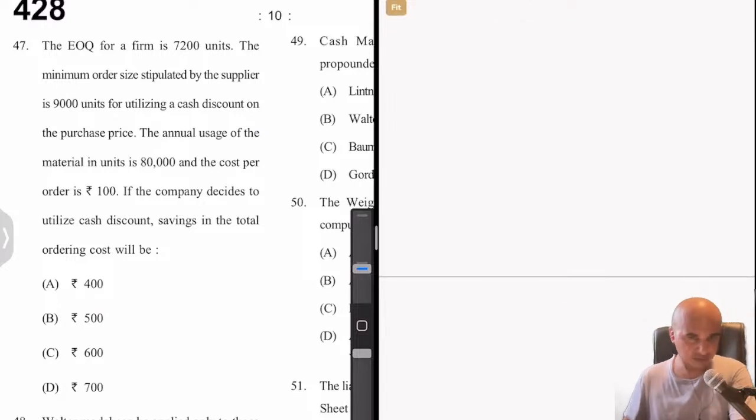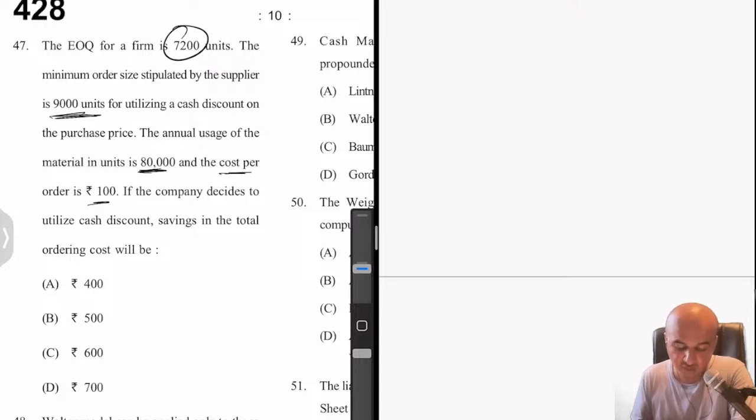Okay, there are two situations here. Based on that, we'll have to identify the potential saving. First, let us look at the situation where cash discount is not utilized.